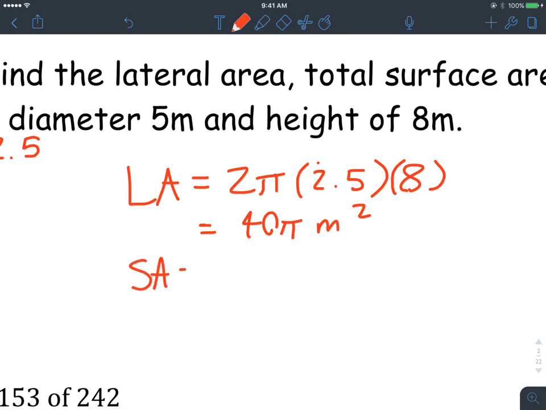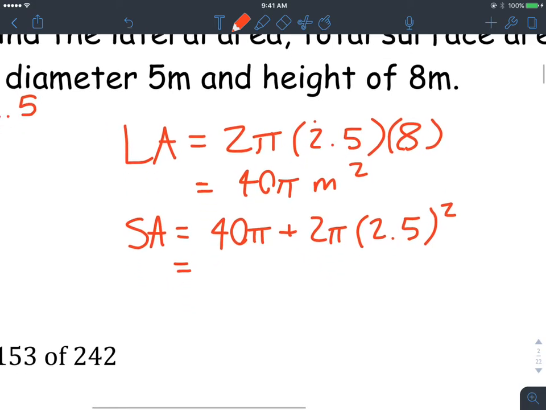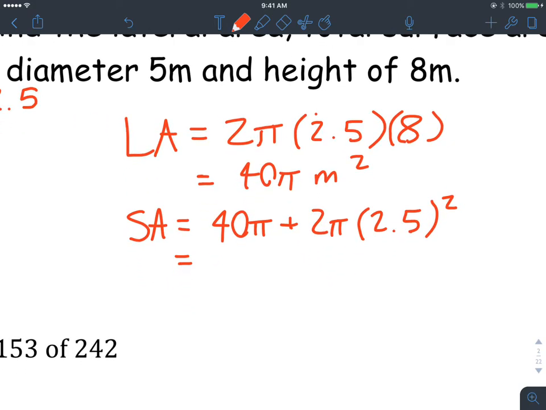Now your surface area, you take that number, that 40 pi, and then you add on your 2 pi r squared. So that'll be 2 pi and then 2.5 squared. And I think that's going to get us 12.5 over there on the right hand side, so that'll be 52.5 pi in meters squared.